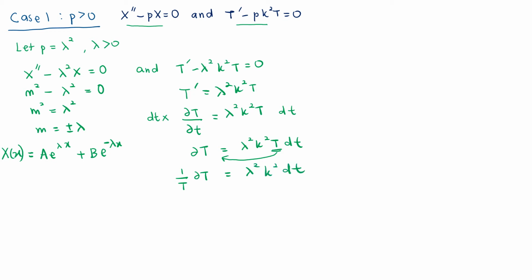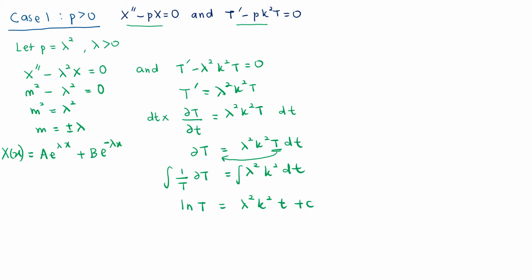Okay, now we want to solve this t by taking the integral of this. The integration of 1 over t is equal to ln t, and this will be equal to lambda square k square t plus c.